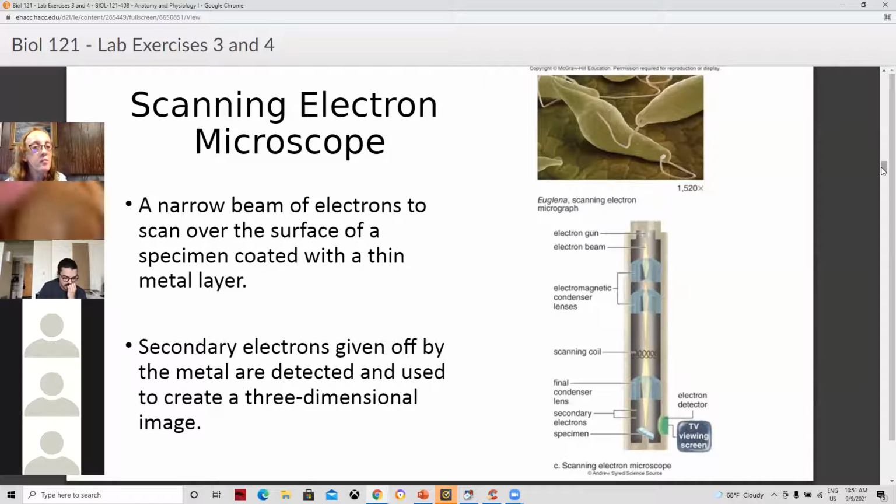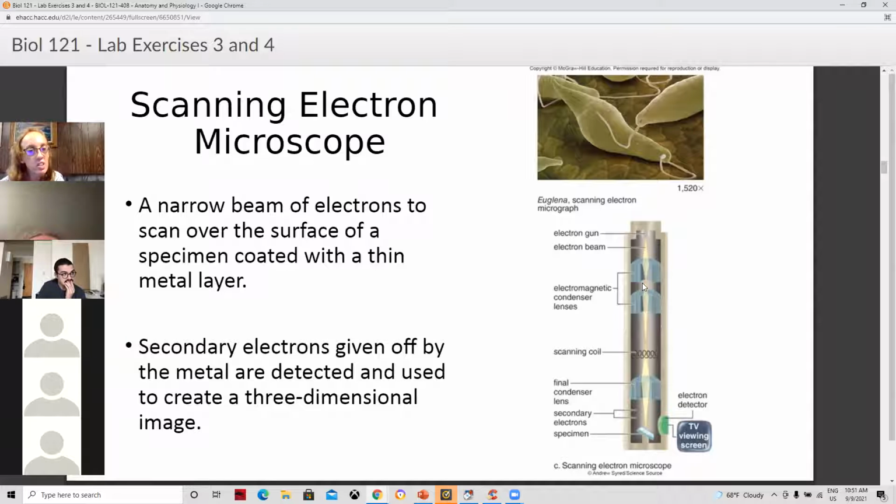Because metal atoms contain electrons, when you shine a beam of electrons that you've condensed, just like in the case of the transmission, with electromagnetic condenser lenses, that condensed electron wavelength shines off the metal layer.